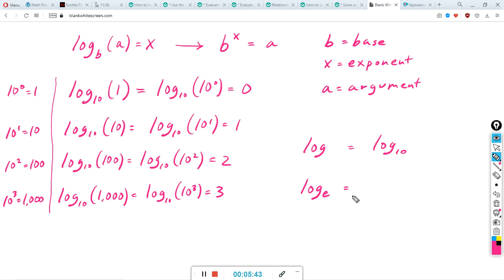On the calculator, that's written as ln. That's the natural log. e is not a variable. e is a number, approximately 2.718, just for your information. I don't think we're going to use that for this exercise.